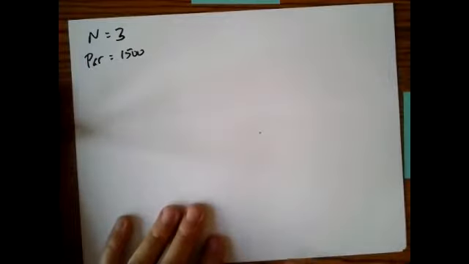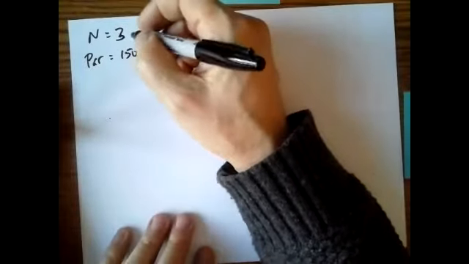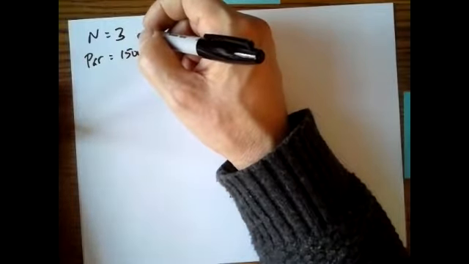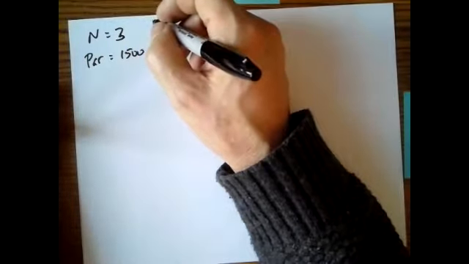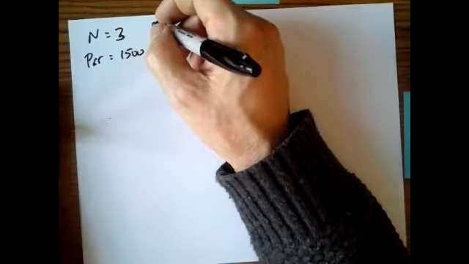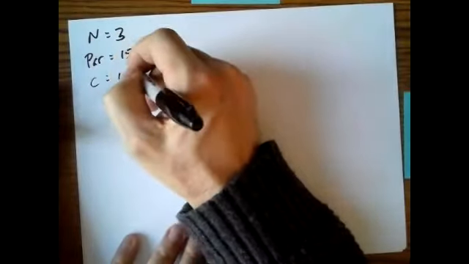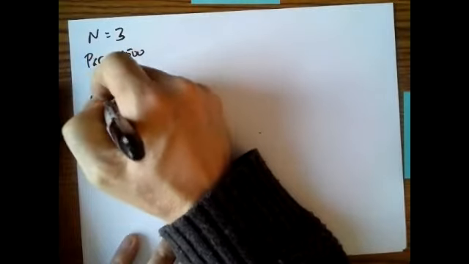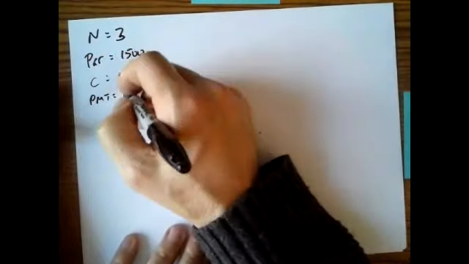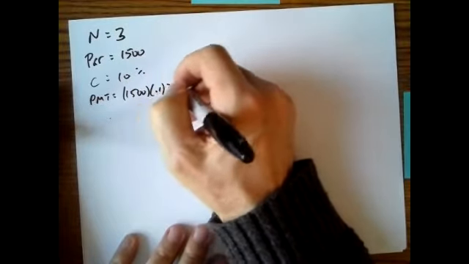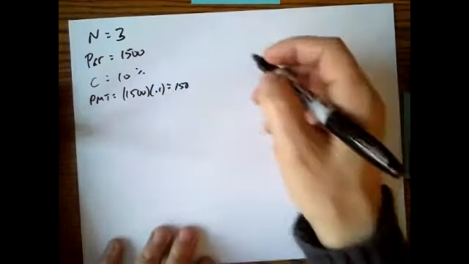It started out as a 7-year bond, aged 4 years, and now it's got 3 years left. It has an annual coupon rate of 10%. So the payment is annual, and it's going to be 1,500 times 0.1 equals 150.